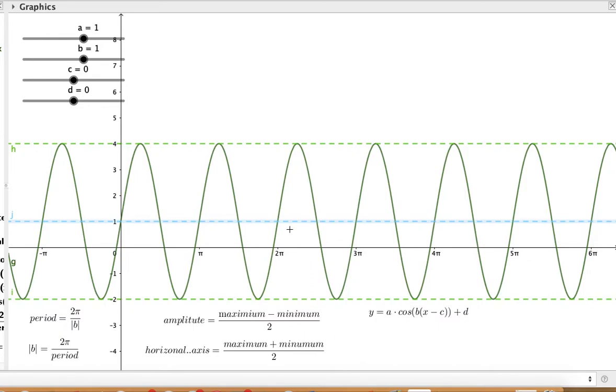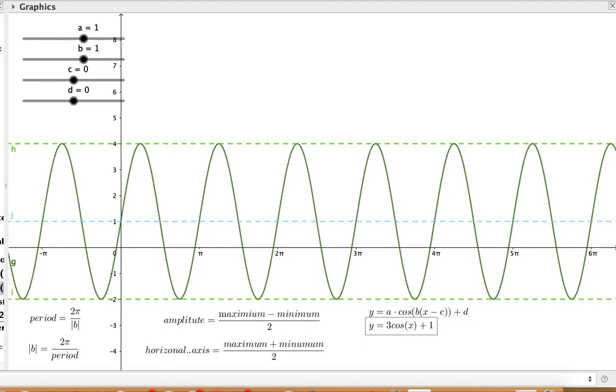So our D is 1. So let me just, hopefully I'm not ruining any surprises. There we are. From this, I'm able to get y equals 3 cosine x plus 1.